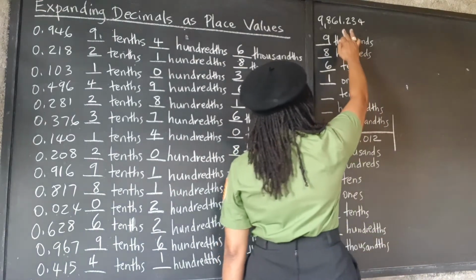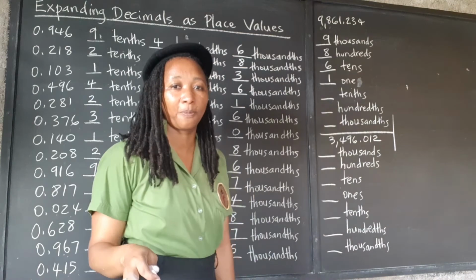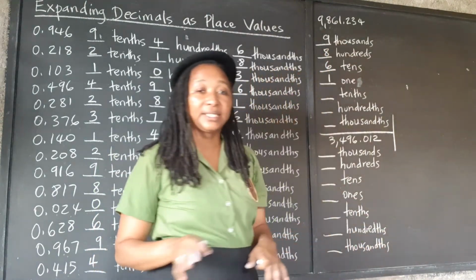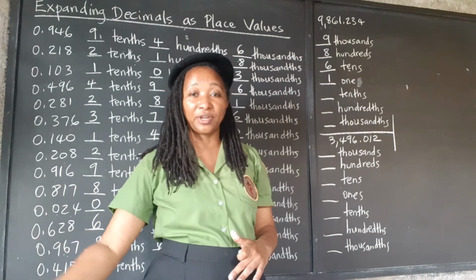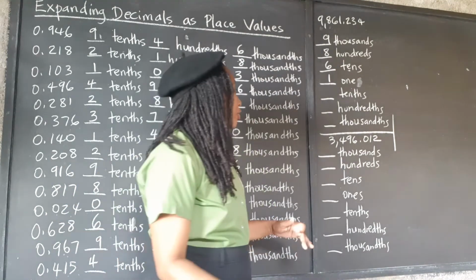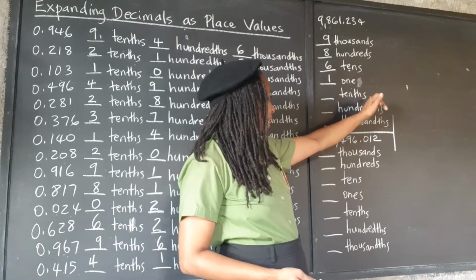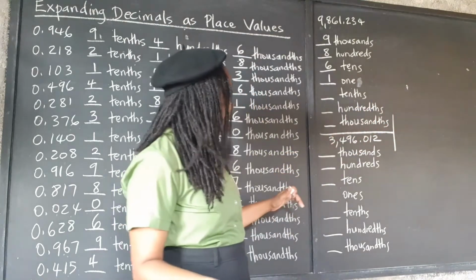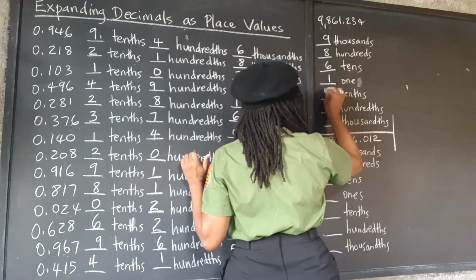So the point tells us we're going into decimal territory now. Once you meet the point, it means you're no longer dealing with whole numbers. You've gone over into decimal territory. So we've gone into the territory of the ths at the end. So the 2 is in the tenths place.